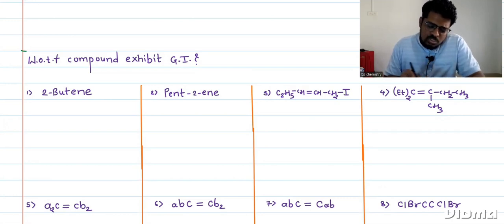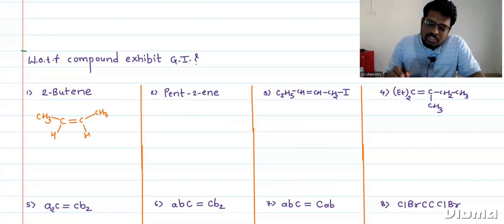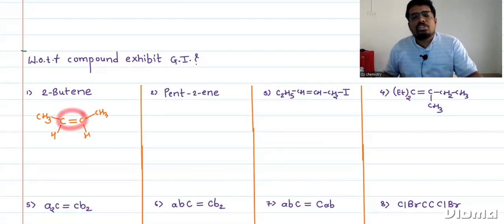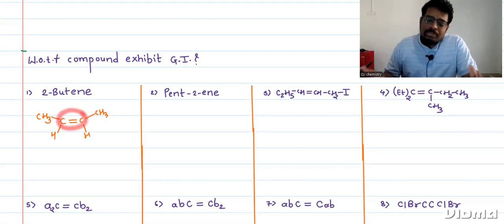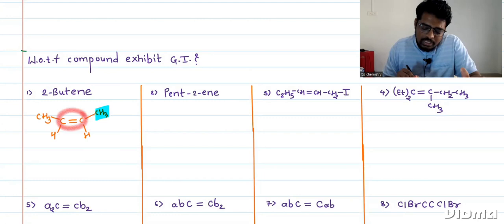Yes. So butene is given. We know that this is the structure of butene. First, draw the structure of butene. Now, the first condition in an alkene you have to check is whether there is restricted rotation or not. So yes, there is restricted rotation around the carbon-carbon double bond. The second condition we have to check is whether different groups are bonded or not. Methyl and hydrogen, different, right?